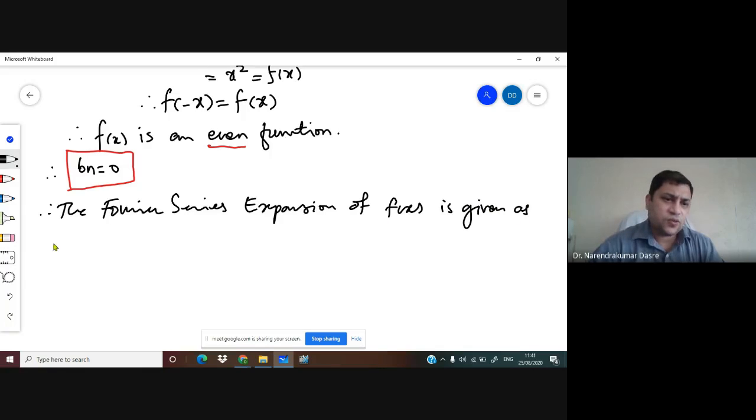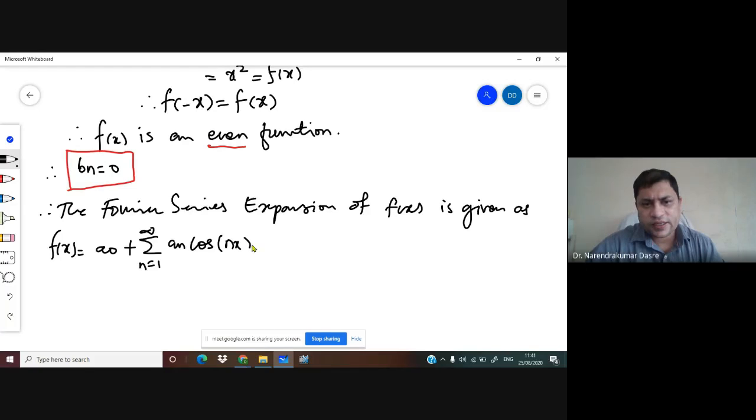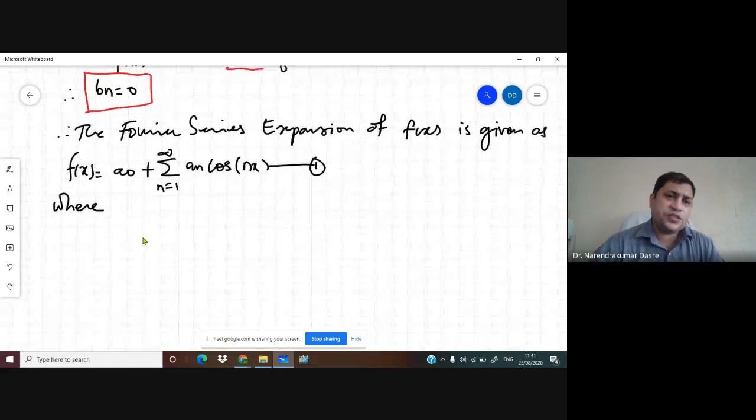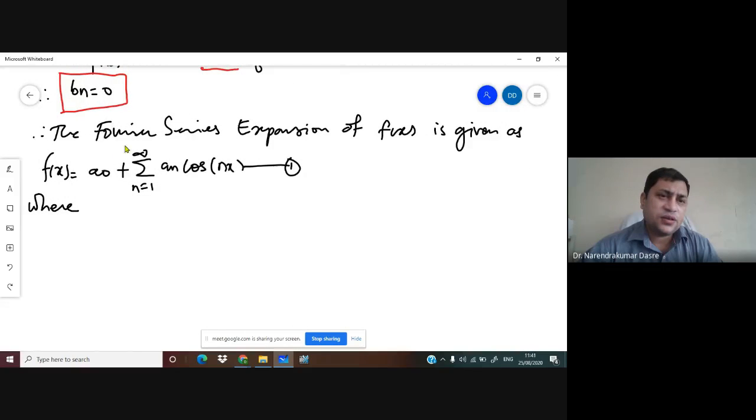What you can have is f of x is equal to a0 plus summation n running from 1 to infinity an cos of nx, let it be equation 1, where now we have to be careful. Okay, see the formula number 5 which says that f of x is even and bn is equal to 0, the interval is minus pi to pi.